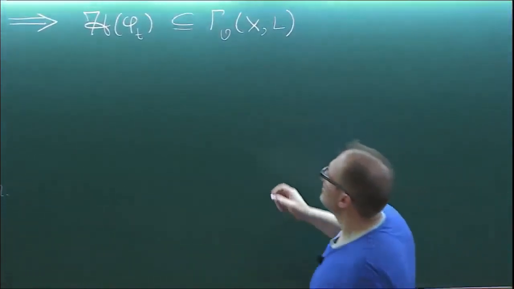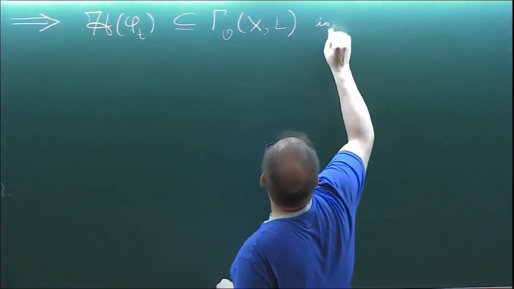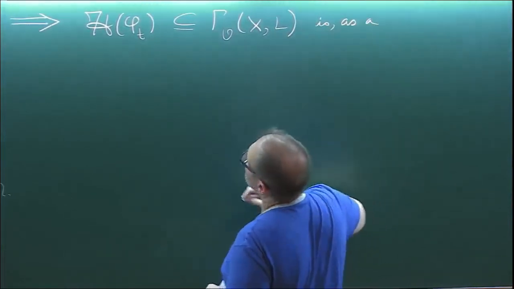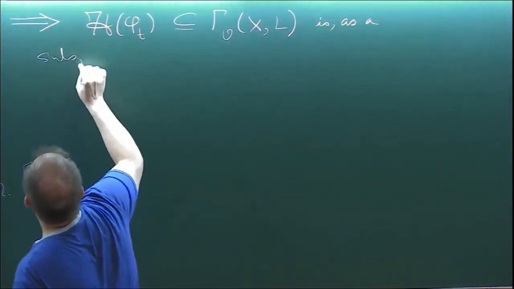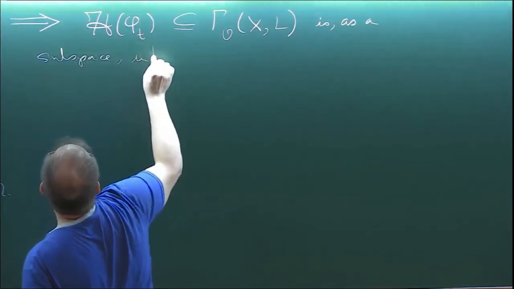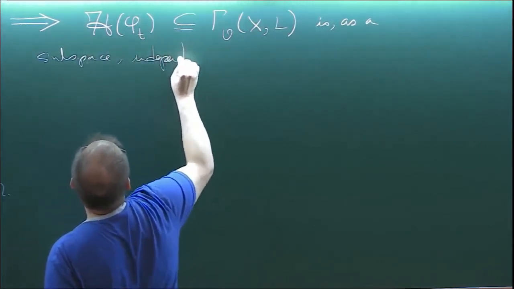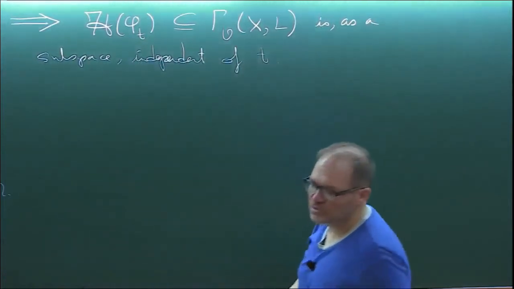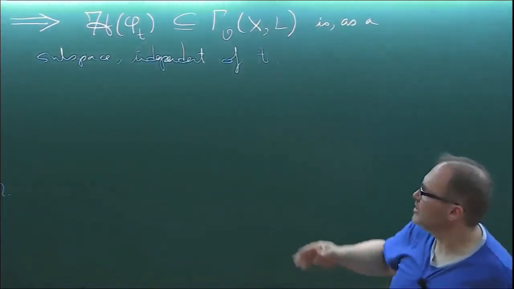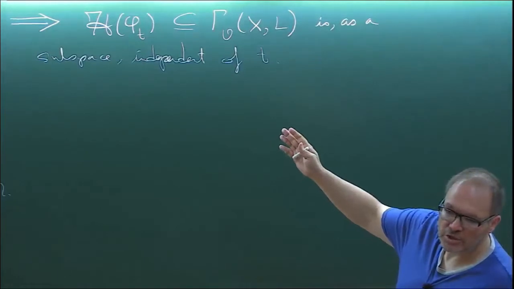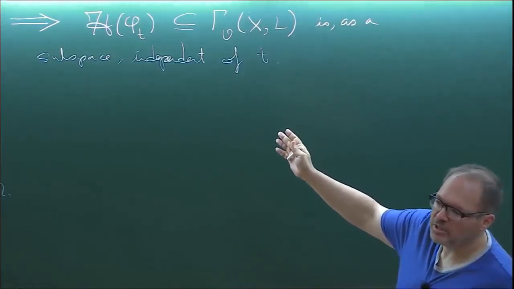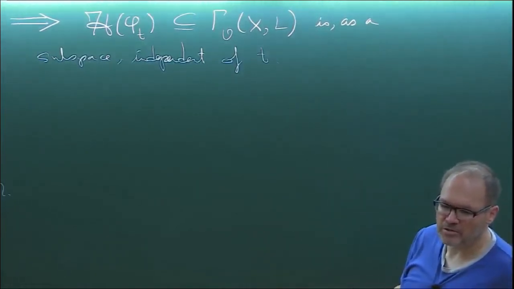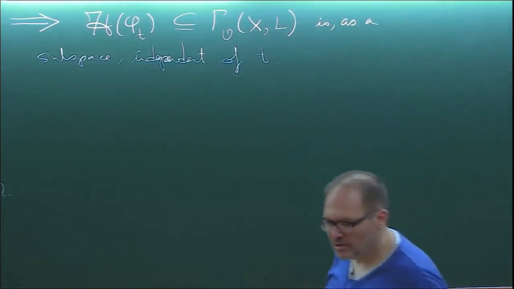So any holomorphic section in H phi sub t for some t is in H phi sub s for any other s.